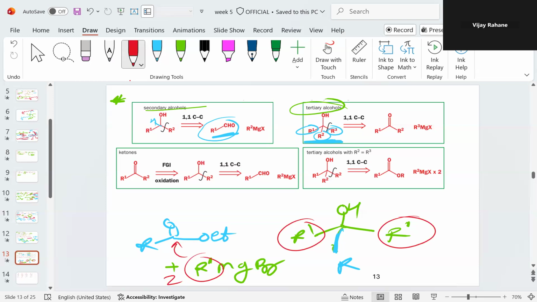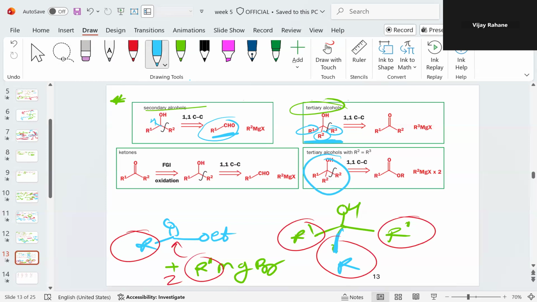So we get the tertiary alcohol in which you can see the two R are equivalent, but one is different, and that different one can come from the ester. So if you have such a target molecule, we can think of this type of approach, that is, we can use the ester as our starting material.